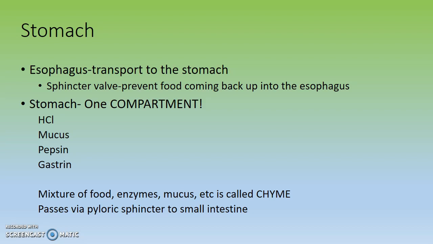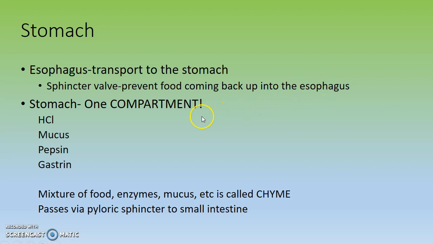At the bottom of the esophagus is what's called the sphincter valve, and that is to prevent food from coming back up into the esophagus. If you ever have heartburn, heartburn is actually a problem with the sphincter valve, or there's been a little bit of a leakage of the stomach components back up into the esophagus, and it causes that burning sensation.